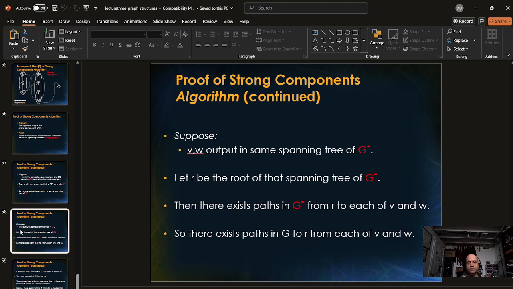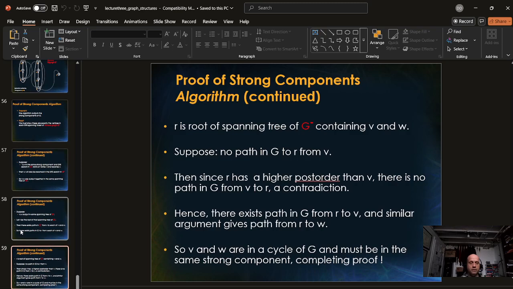Proof continued. Let's suppose v and w are output in some spanning tree of G star. Let r be the root of that spanning tree of G star. Then there exist paths in G star from r to each of v and w. So there exist paths in G to r from each of v and w. Finally, r is the root of the spanning tree of G star containing v and w.